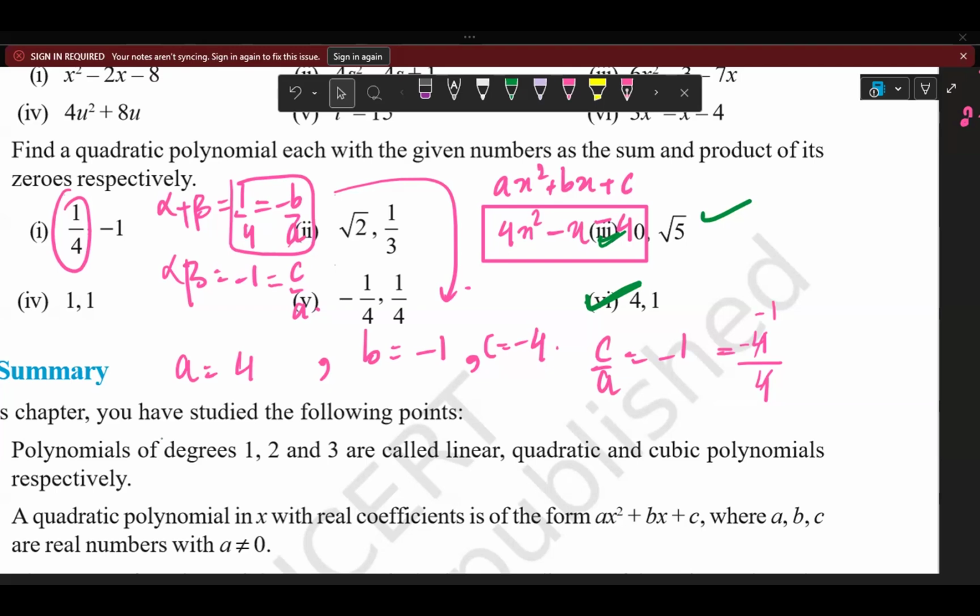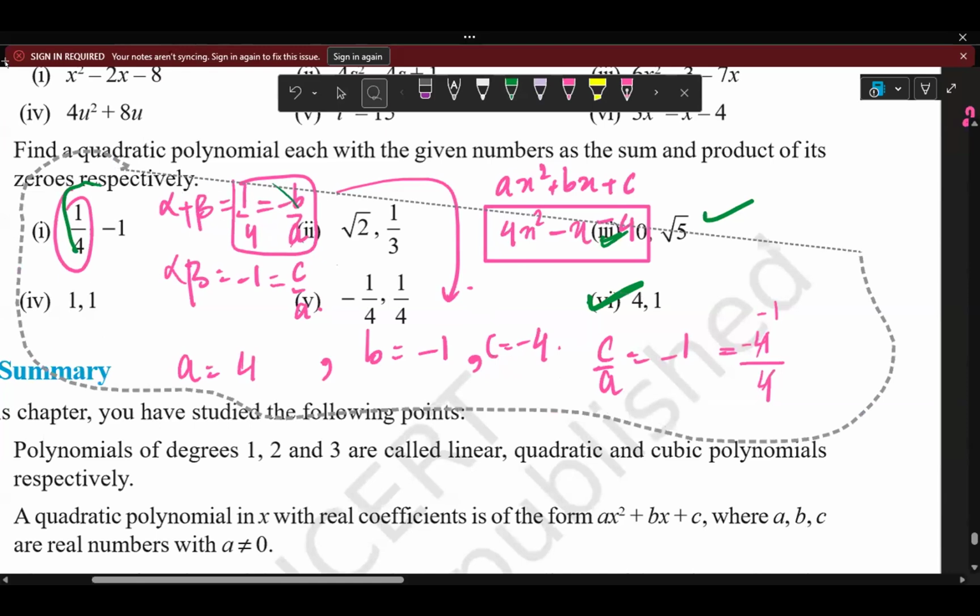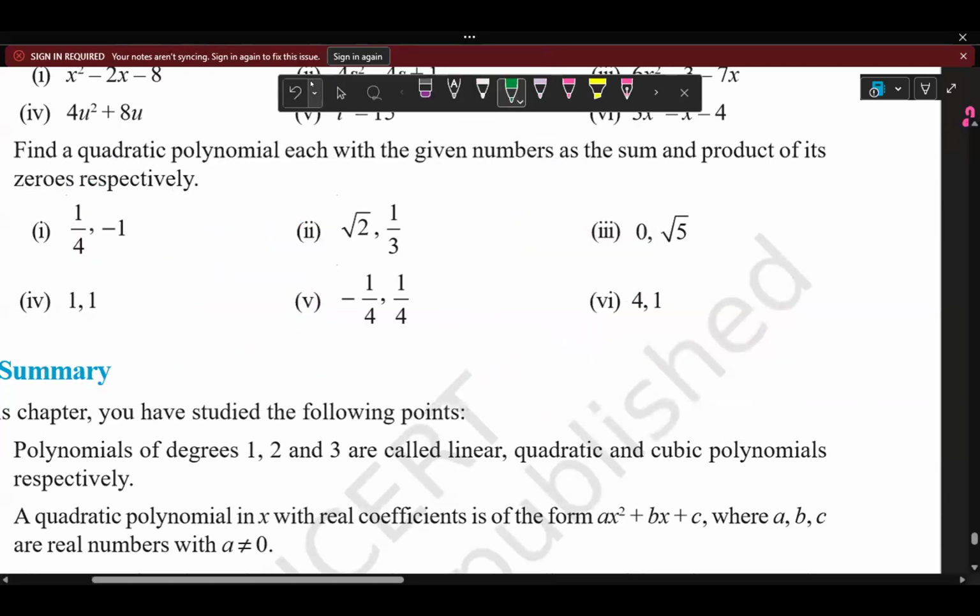Ma'am, can you erase the pink color writing? Yes, just give me a second. And what all questions we have to do? The third and the sixth one, right? Okay.